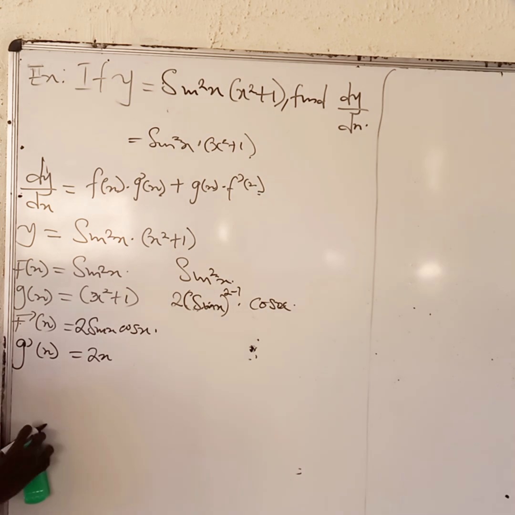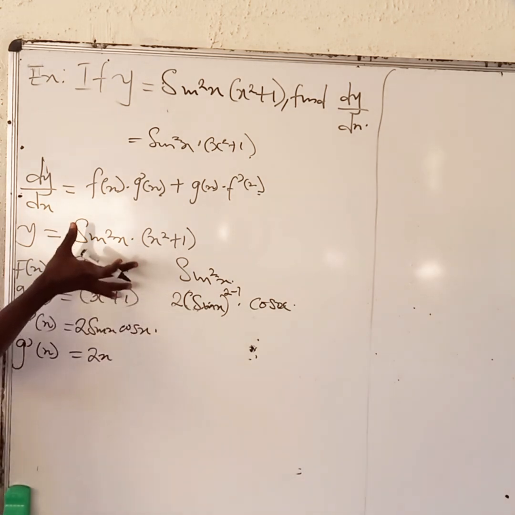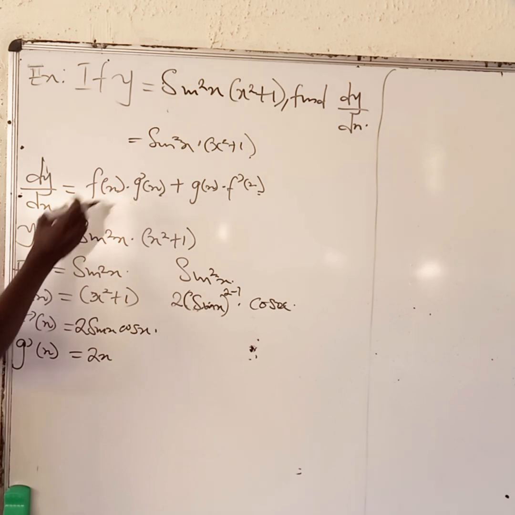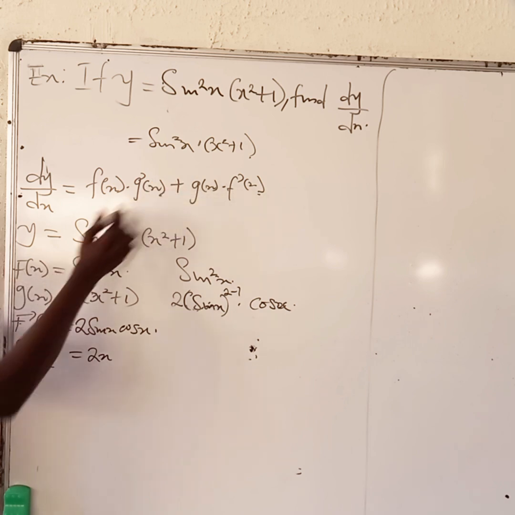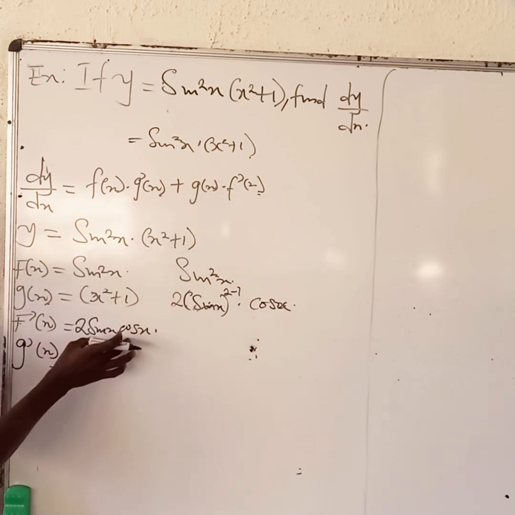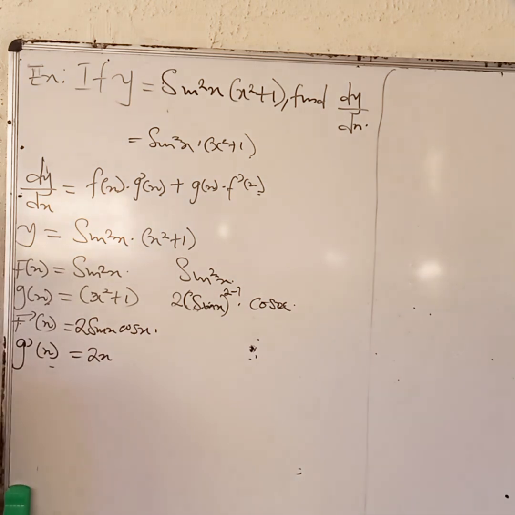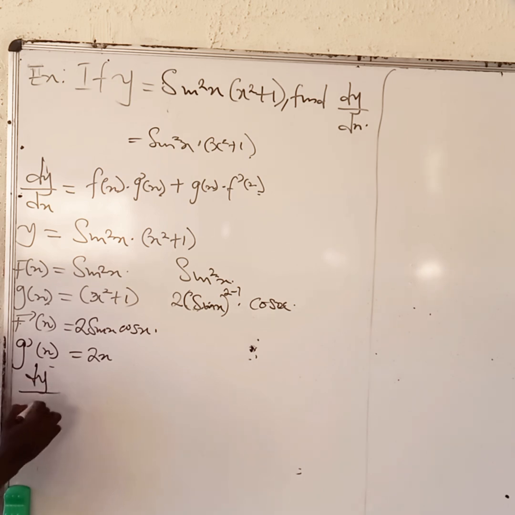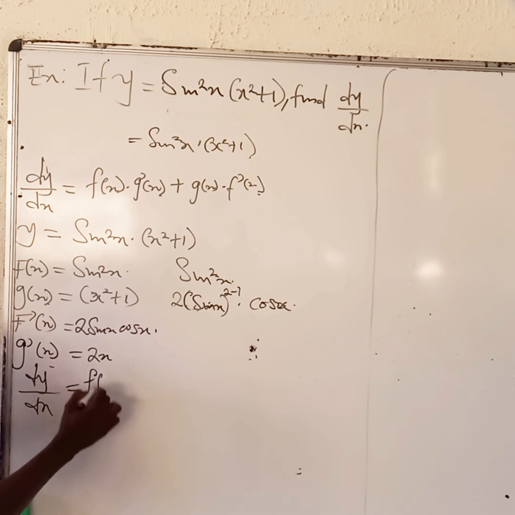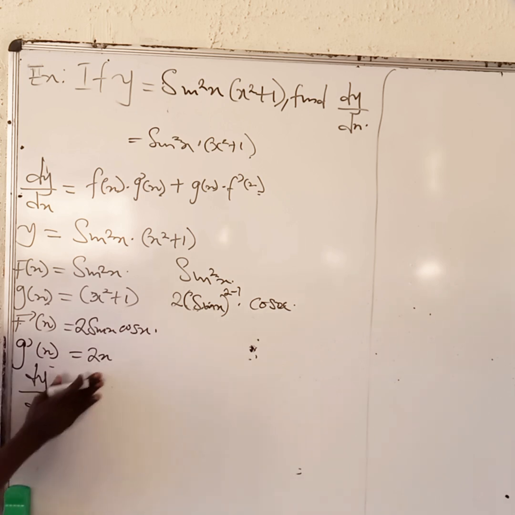So therefore, since you get the value of your terms, f of s is here, g prime of s is here, plus g of s and f prime of s. Now you can input your values into this formula. So we say dy over ds is going to be f of s, and what is f of s?